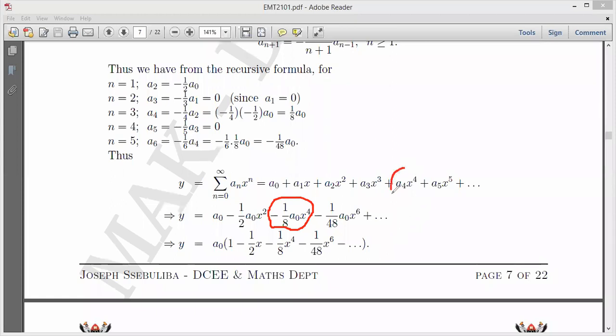X to the 4 comes from here. What are we dealing with there? There we are dealing with the F4. According to our F4, F4 is 1/8. Isn't this the n equal to 3 someone was complaining about? I think that was the n equal to 3, and that is minus 1/8 n naught.